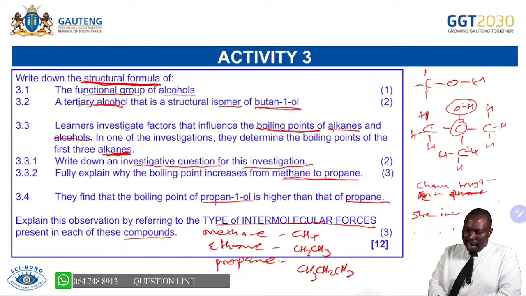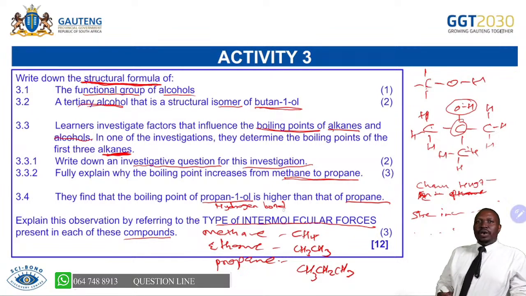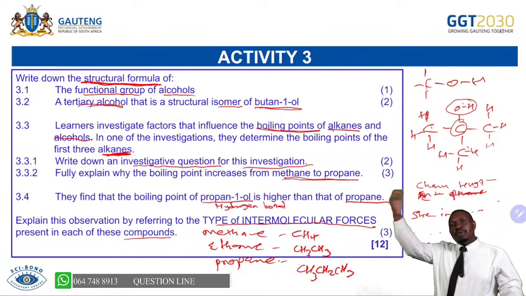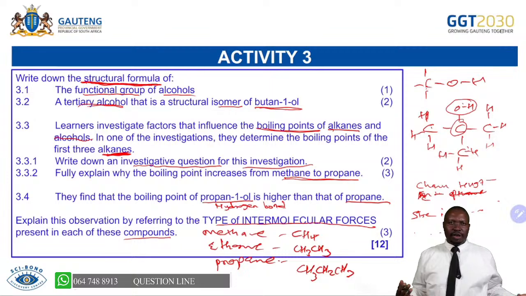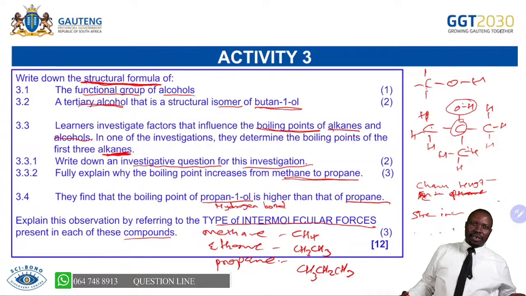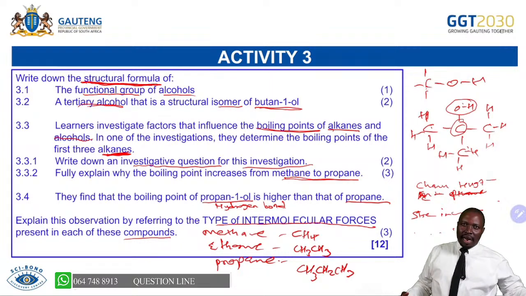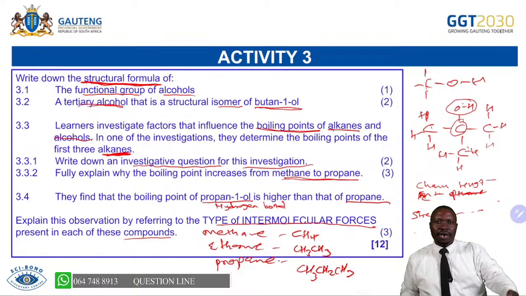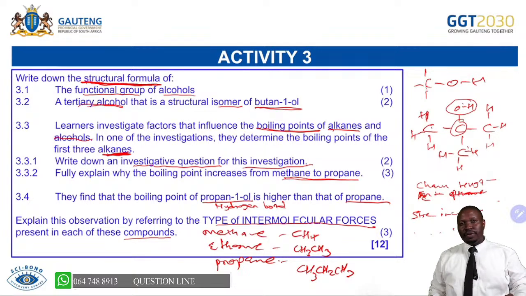Propan-1-ol has hydrogen bond. Remember, you can talk about the one side when you are comparing it to carboxylic acid. But when you're comparing an alcohol and another homologous series, you'll just say it has hydrogen bond. When you compare it to carboxylic acid, you must qualify it to say alcohol has one side of hydrogen bond, carboxylic acid has two sides of hydrogen bond.